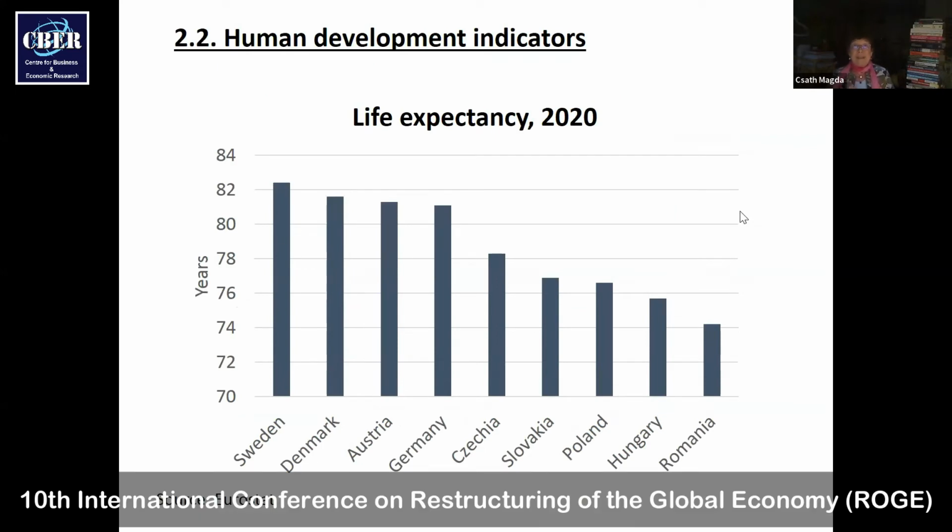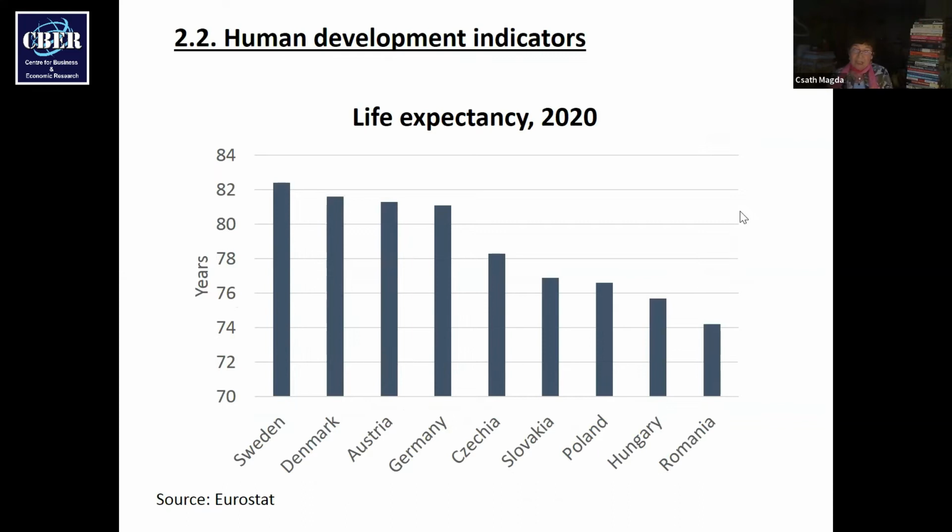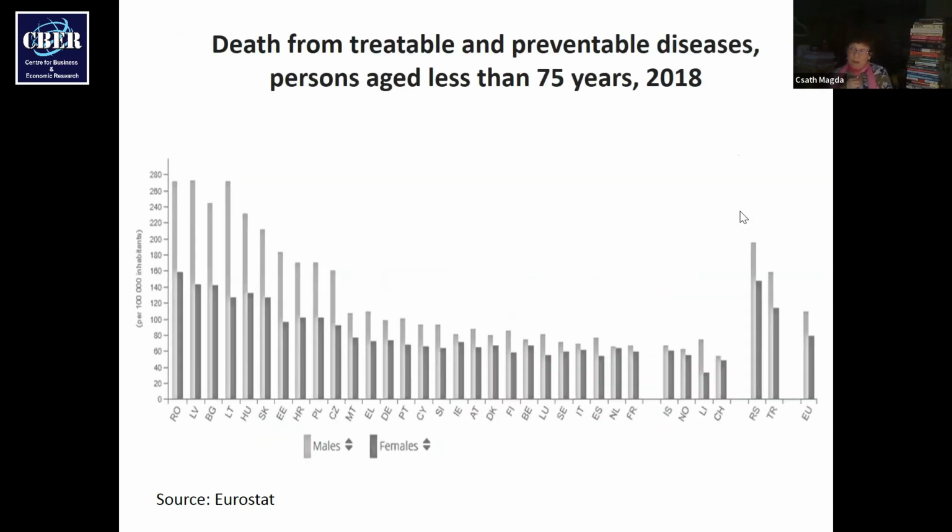About human development indicators, of course, the most important one is life expectancy. And again, you see that the so-called V4 countries are at the very low end of this graph. Another important indicator is deaths from treatable and preventable diseases in the age category less than 75 years.